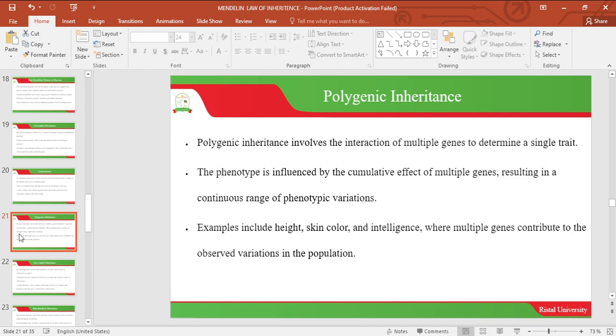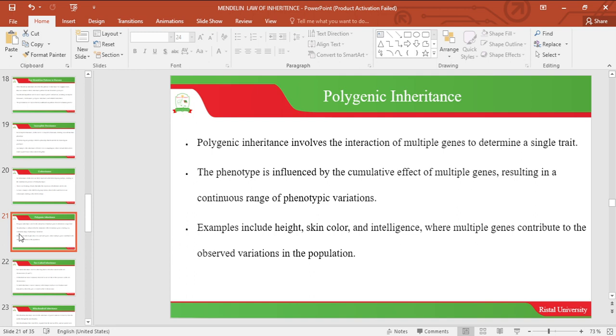Let's look at polygenic inheritance. Polygenic inheritance involves the interaction of multiple genes to determine a single trait. The phenotype is influenced by the cumulative effect of multiple genes, resulting in a continuous range of phenotypic variations.